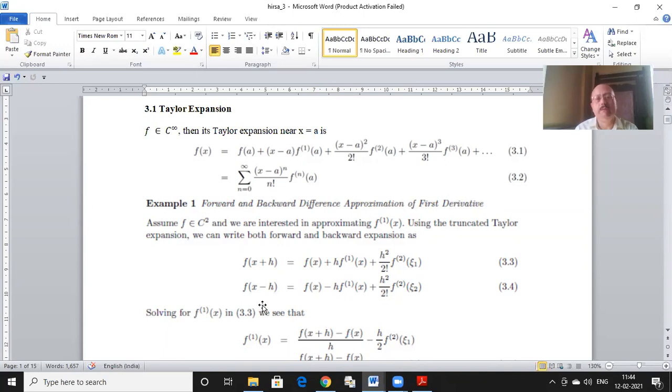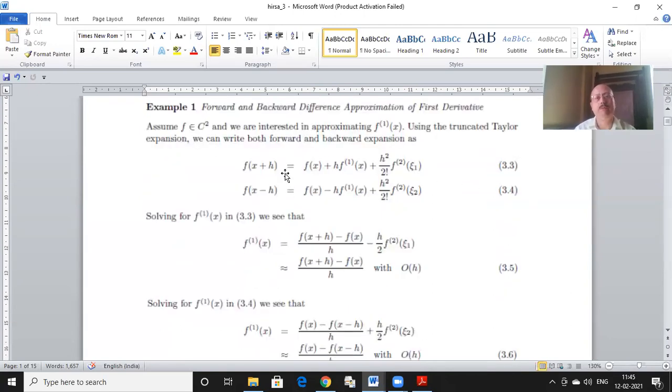And the backward expansion, which is f(x-h), is the same in spirit, only I insert minus h in place of plus h. So these two are my forward and backward first order expansions. I take only the first order term and collect everything else in this term, where xi1 and xi2 are some point between x and x plus h, or x and x minus h, as the case may be.